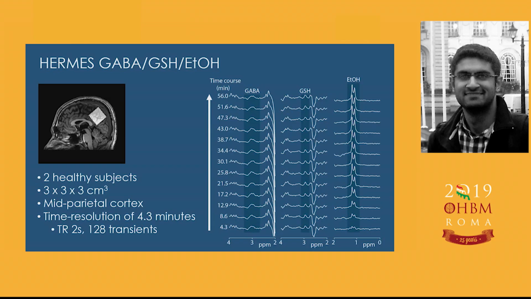And as expected, the subjects showed a rise in ethanol signal over the hour. This sequence can be quite beneficial for studies such as studying alcoholism or alcohol use disorder, and you can break down your resolution to as high as 4 minutes, which allows you to perform dynamic measurements of these 3 edited compounds, which previously was not possible.